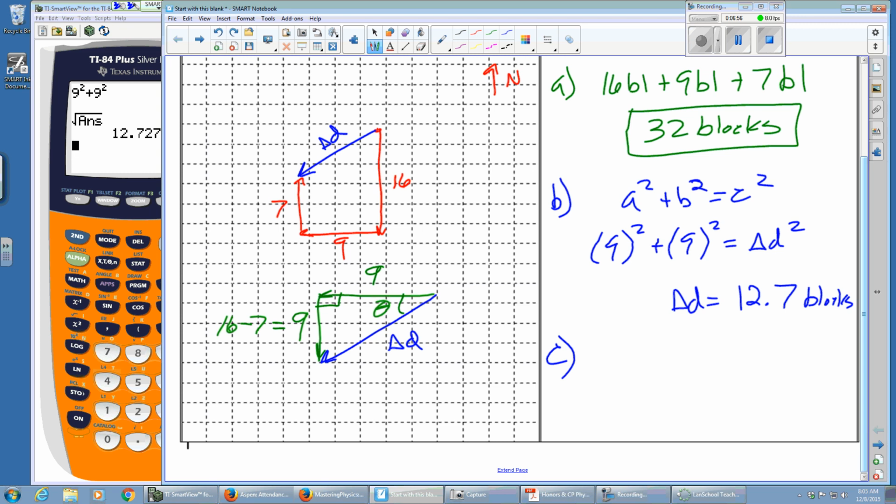And then to figure out theta, now, how many things are there to know about a triangle, just in general? Hello? Anyone out there? How many things to know about a triangle in general? 6. Okay. 3 angles and 3 sides. Right?